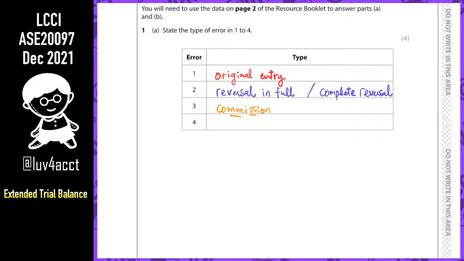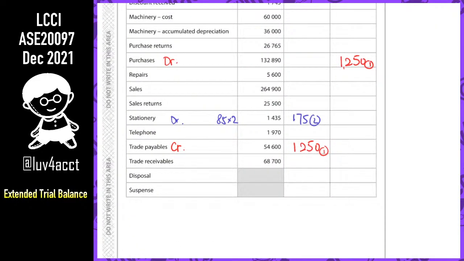Because of that, you are going to take away from Rob and then put back to Bob. That makes it net off. In the trade receivables account, you will have one subtraction, deduction, and one addition.